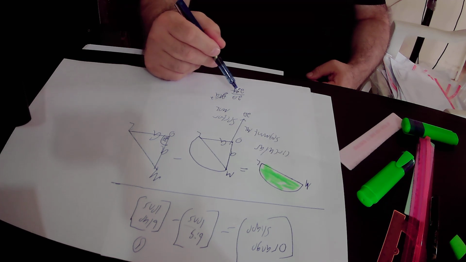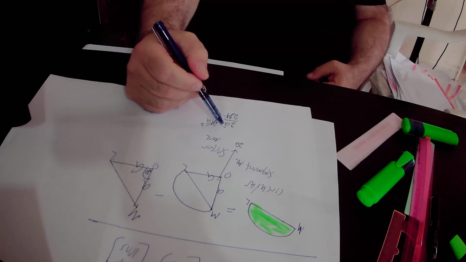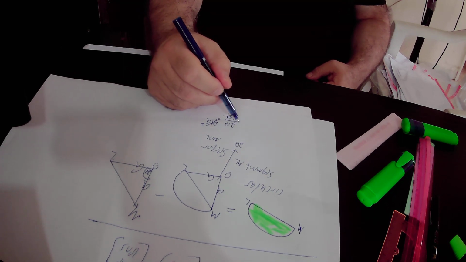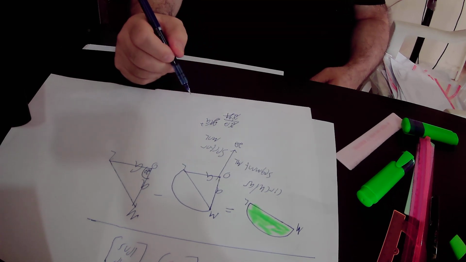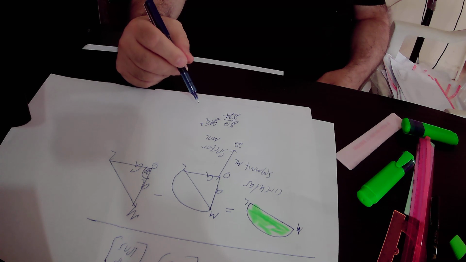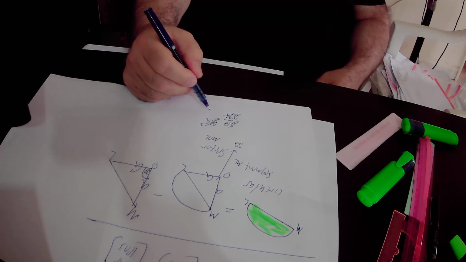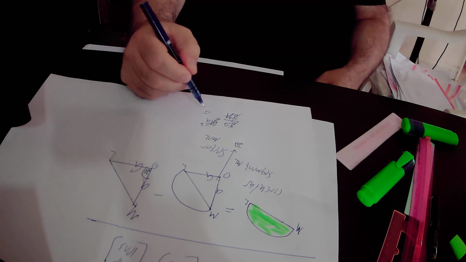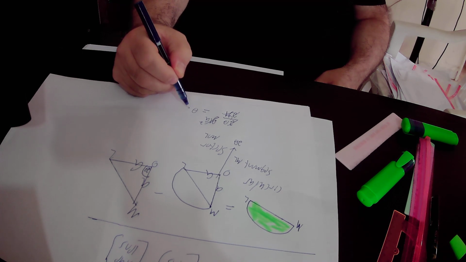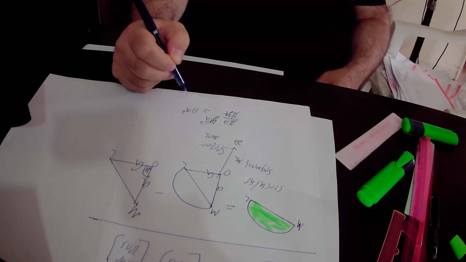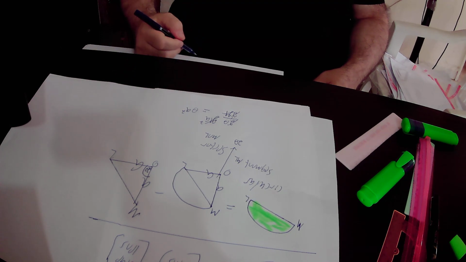We have 2 in the numerator and 2 in the denominator, so 2 also gets cancelled. In conclusion, the area of sector MOL equals theta times a squared. Okay.